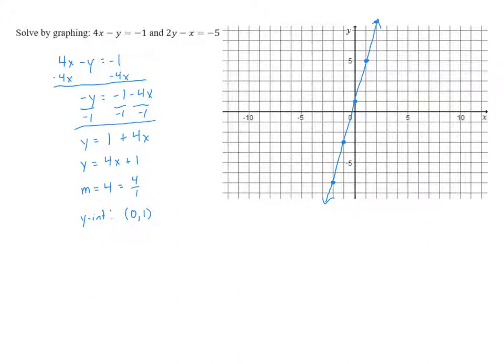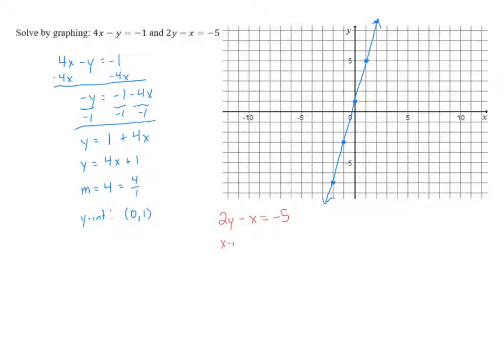Now let's go to the other equation. That other equation is 2y minus x equals negative 5. Here we can use either the intercept method or slope-intercept form. Since we've already used slope-intercept form, let's use the intercept method.